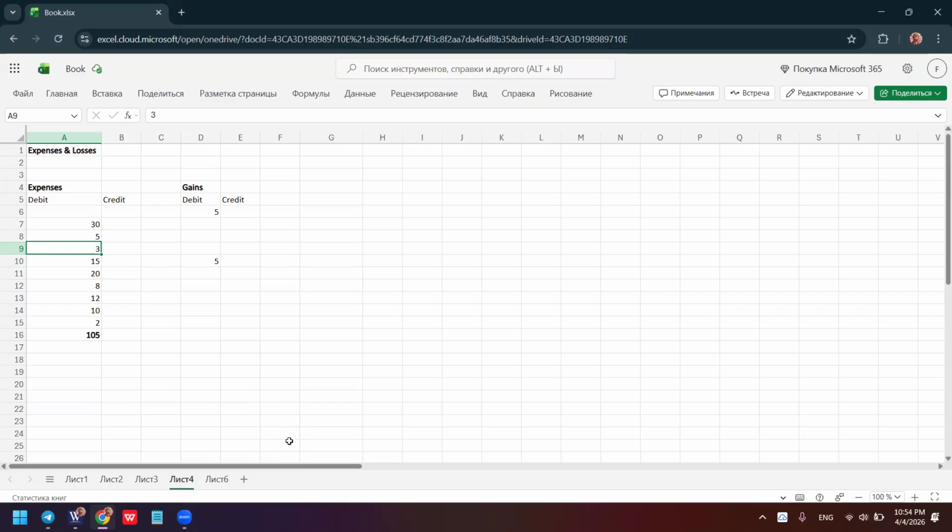So what we do now is we calculate the cost of revenue. We have here the portions that were consumed, it is 12.